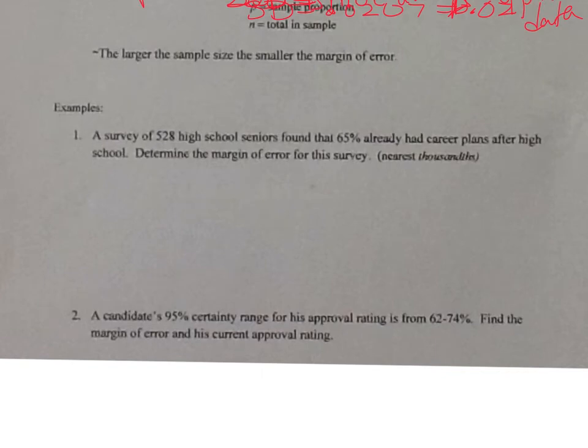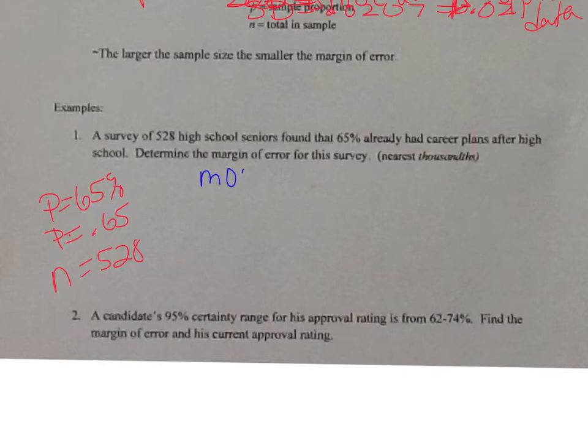A survey of 528 high school seniors found that 65% already had career plans after high school. Determine the margin of error to the nearest thousandth. All right, so my P, my proportion, which is 65%, we would change that to just the decimal, which is 0.65. And my N, my total sample size, is 528.